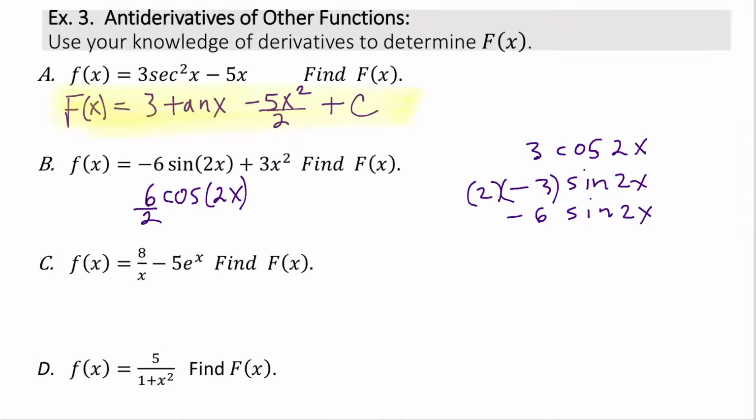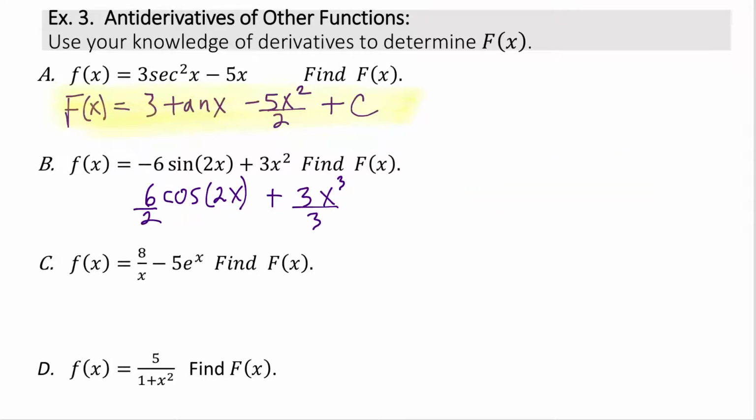For the next term, we'll just use the power rule for antiderivatives, raise it up by 1, and divide by that same number. So plus c. So this is f of x, the antiderivative. So we can simplify that a little bit.